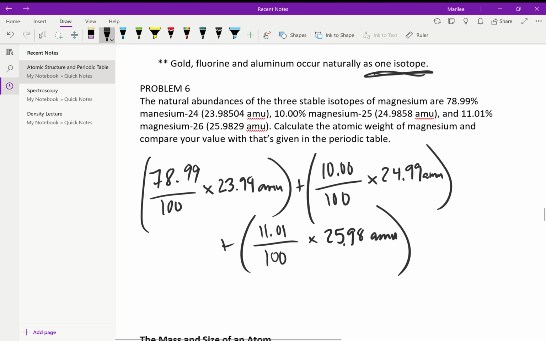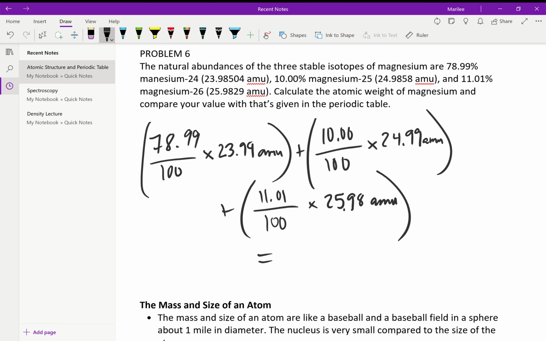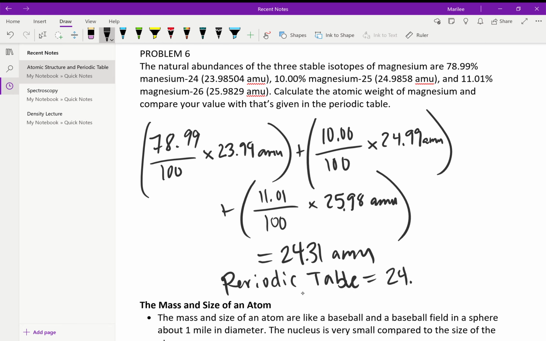So when you calculate this, you will get 24.31 AMU. And if you look on the periodic table, the periodic table value should be 24.3050.